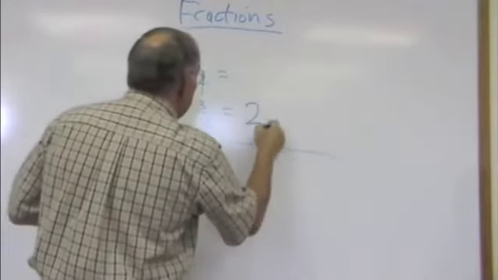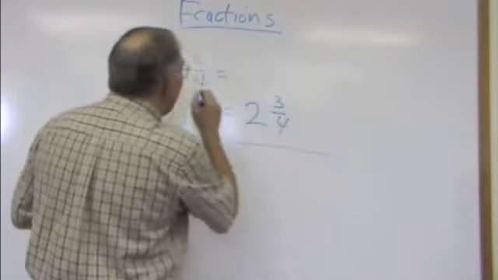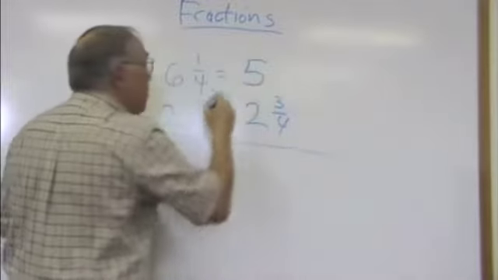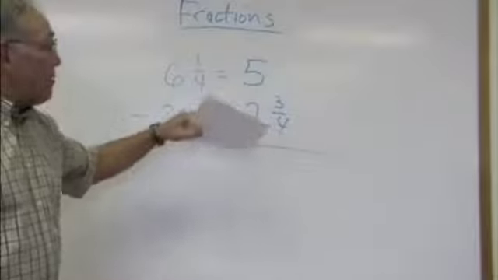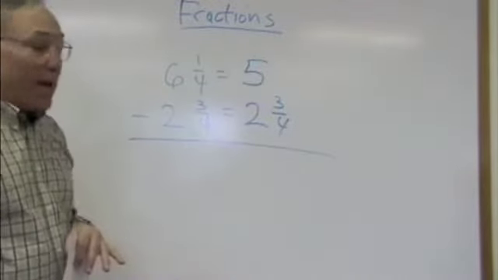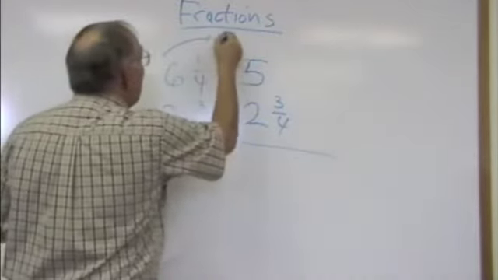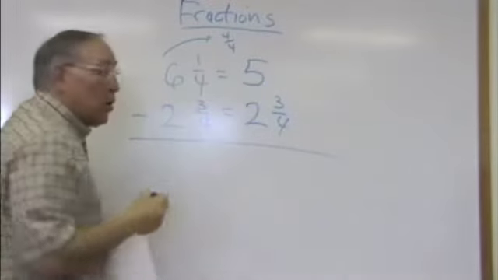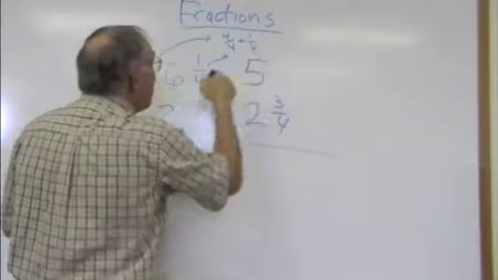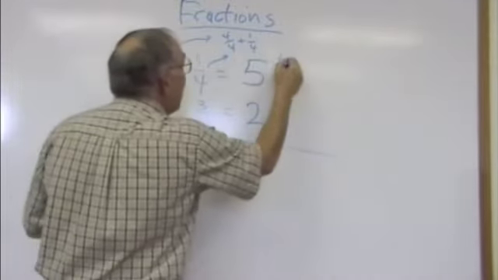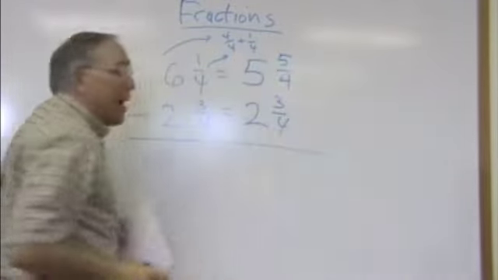The bottom number is going to stay the same. The 6 is going to become a 5. I've got to borrow $1 from the 6, so now I've got 5 left. And how many quarters do I get for that $1? Well, I get 4/4, because that's a whole dollar. Plus, I had this 1/4 over here, so now I have 5/4.